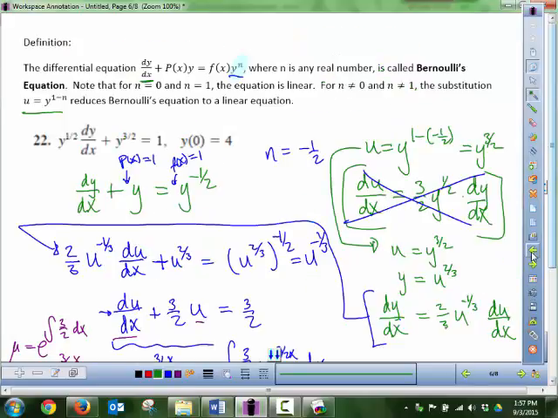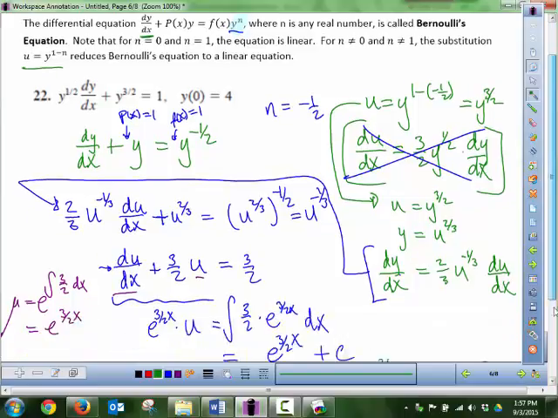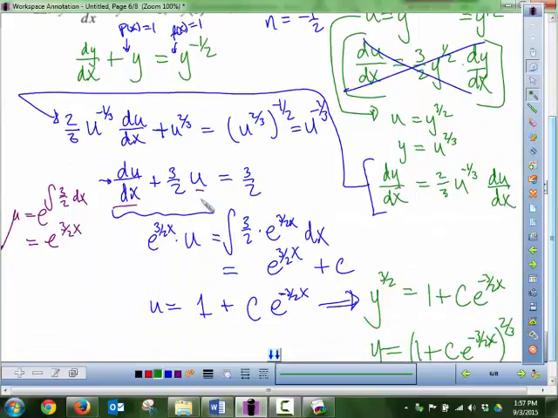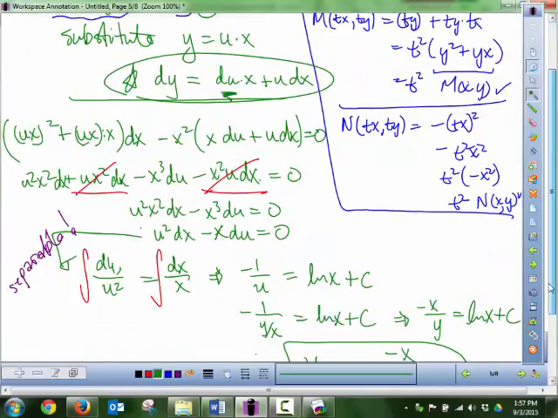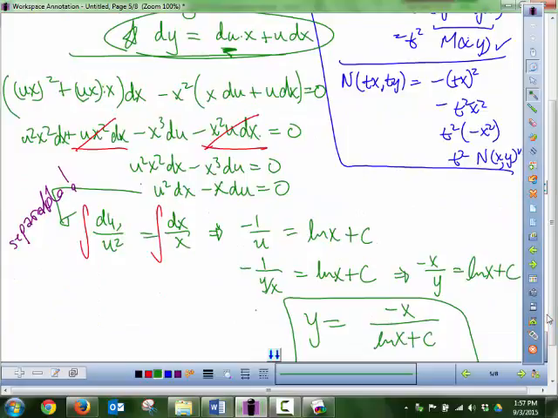Or in the case of Bernoulli, when you do the substitution, you change a first-order nonlinear equation into a first-order linear differential equation. And for the first substitution we did with homogeneous differential equations, these turned out to be separable also. So these substitutions make these differential equations look like either a separable differential equation or a first-order linear differential equation, which we should be able to handle now.